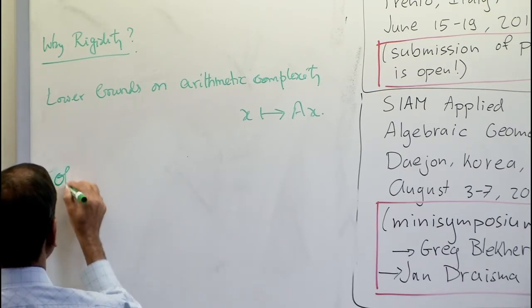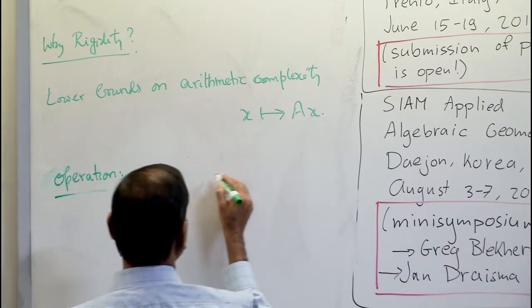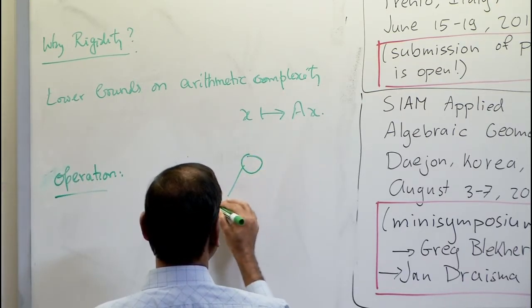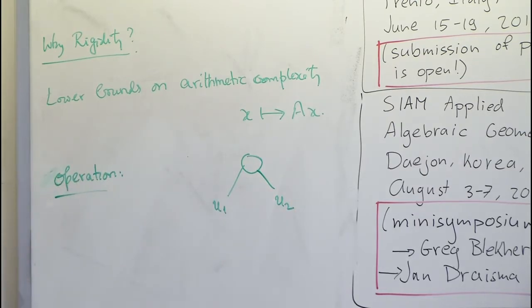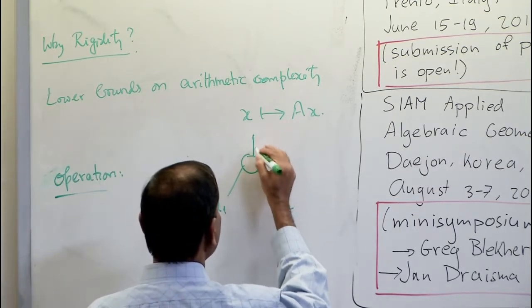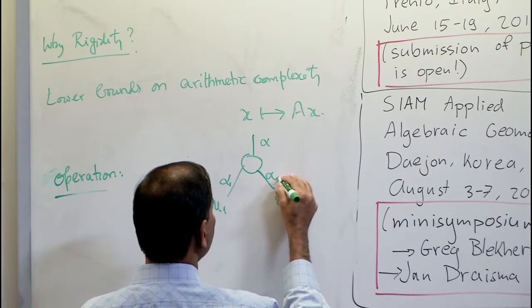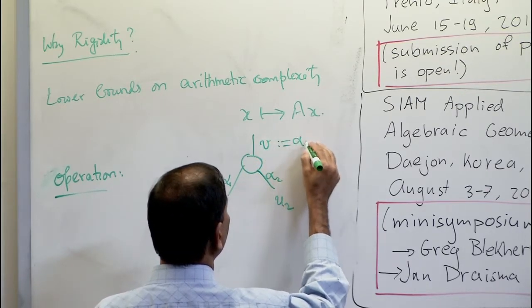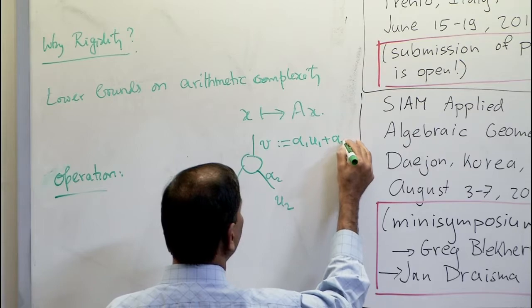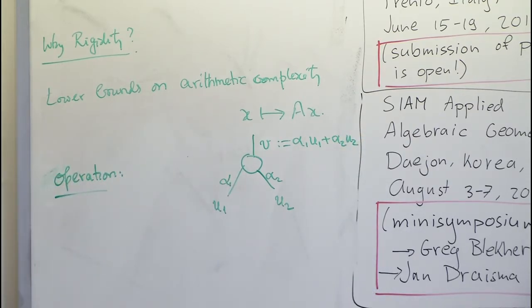The only operation that we do is compute linear combinations. So if U1 and U2 are some linear combinations of inputs that you've already computed, in one step you can compute, with scalars alpha 1, alpha 2, V, which is a linear combination of these two things. This is the only operation that we do.